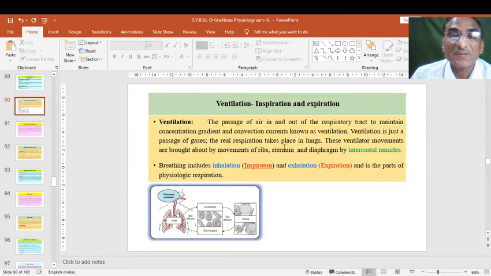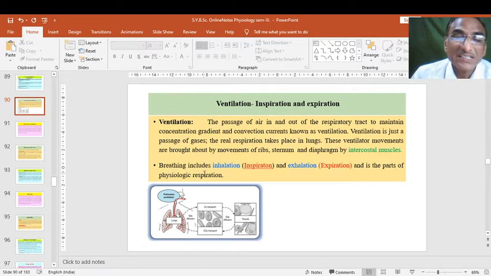Ventilation is just a passage of gases. The real respiration takes place in the lungs, and these ventilatory movements are brought about by the movements of the ribs, sternum, diaphragm, and the intercostal muscles. All of these together facilitate the mechanism of inhalation and exhalation, or in short the regulation of respiration is carried out.